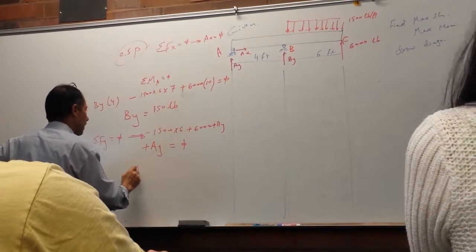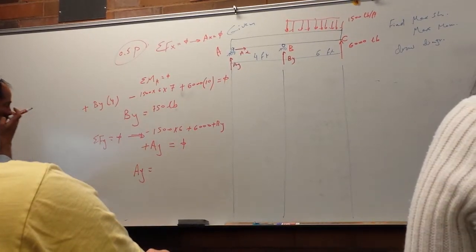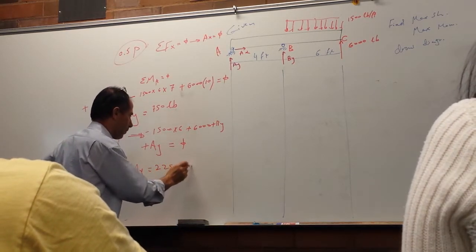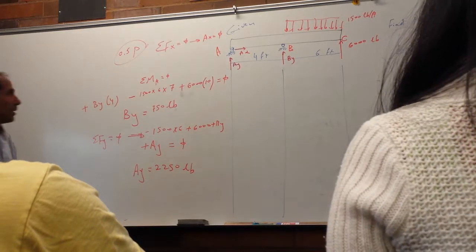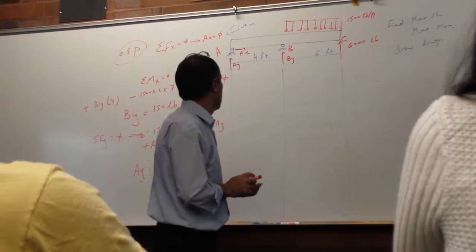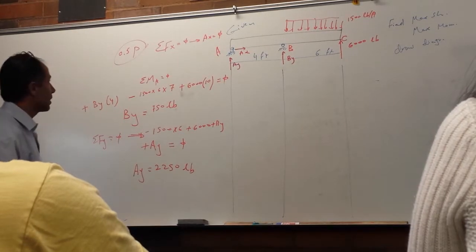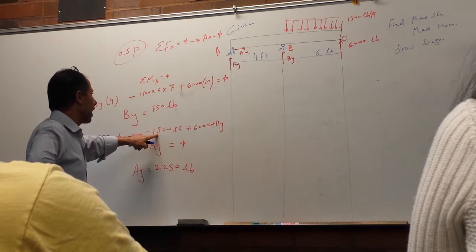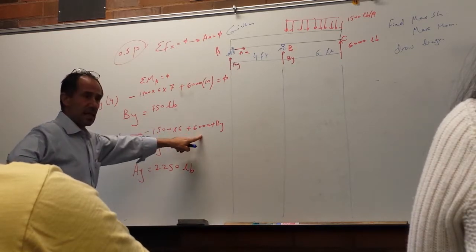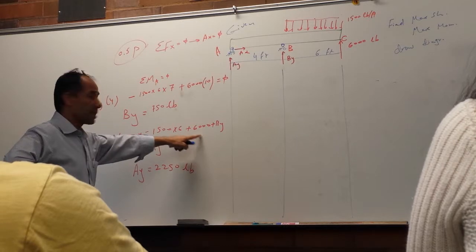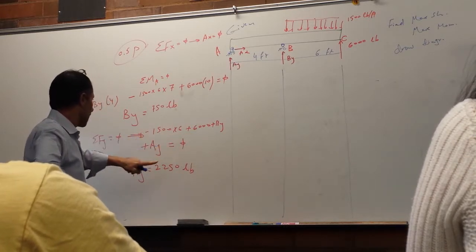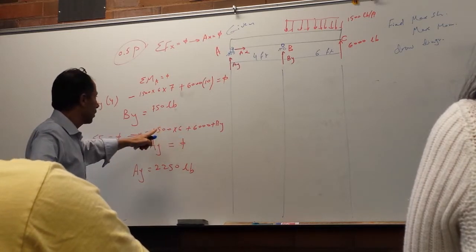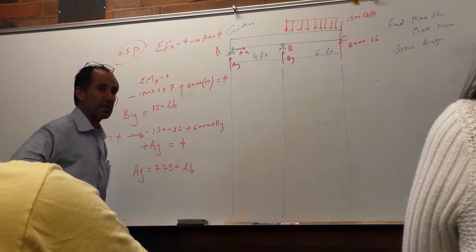And from here, AY equals 2,250. Let's check: this is 9,000 negative, 6,000 positive, minus 750 is negative 3,000. BY is positive 750, so AY is 2,250. Correct.